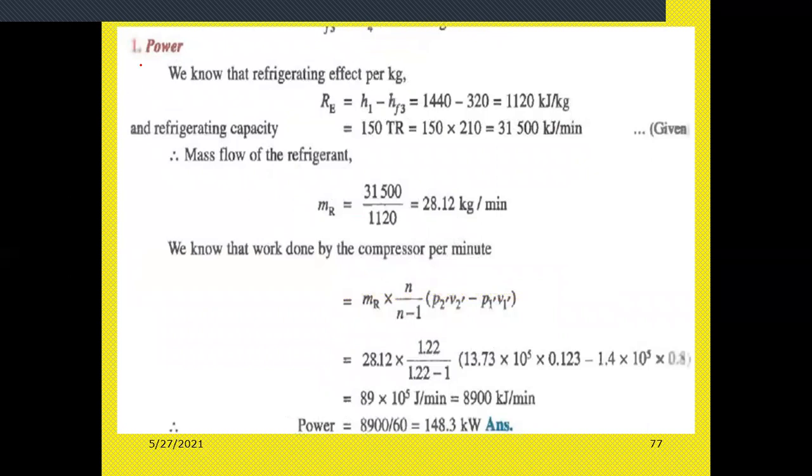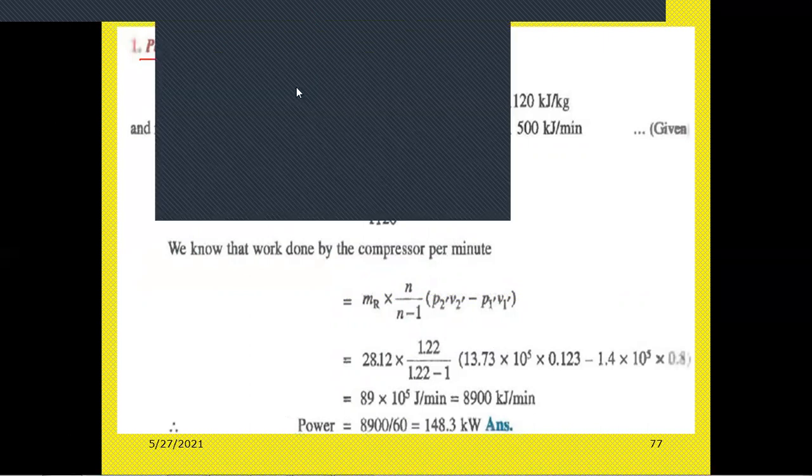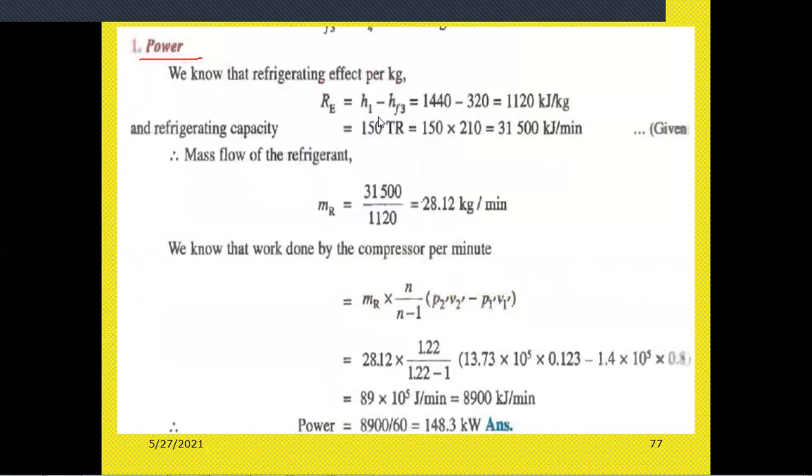Now the power P. We know the refrigerating effect per kg, RE, is equal to H1 minus Hf3, that is equal to 1440 minus 320.